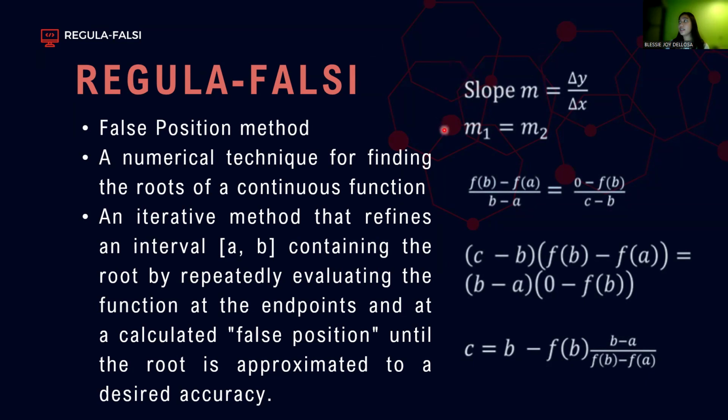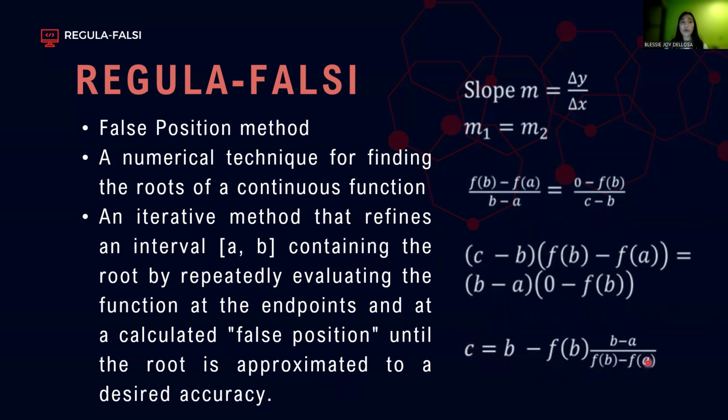As you can see in here, slope m is equal to delta y over delta x, wherein m sub 1 is equal to m sub 2. So we have f of b minus f of a all over b minus a is equal to 0 minus f of b all over c minus b. Cross multiplying this, we come up with c minus b multiplied by f of b minus f of a is equal to b minus a multiplied by 0 minus f of b.